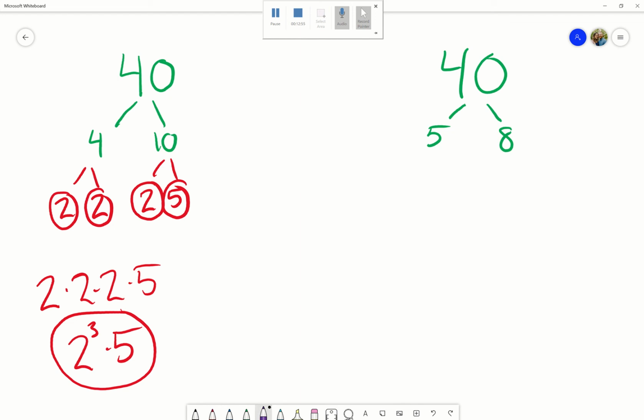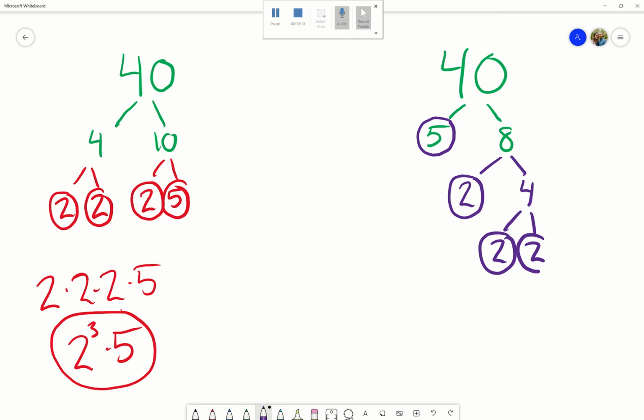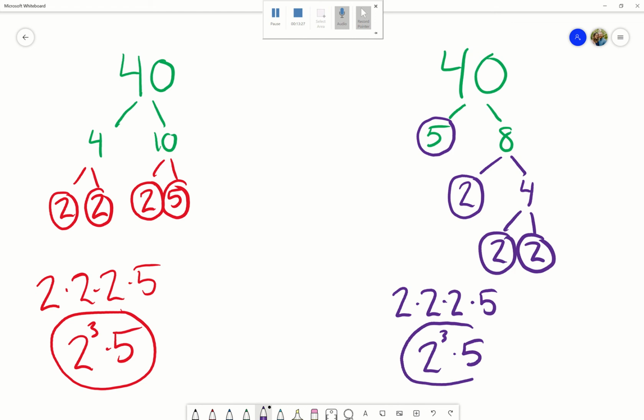But what if I start with 5 and 8? Well, 5 by itself is a prime number. Can't go any further than that. But 8 can turn into 2 times 4. 2 is a prime number. But 4 can break down into 2 times 2. And those both are prime as well, which gives us a total of 2 times 2 times 2 times 5, or 2 cubed times 5.